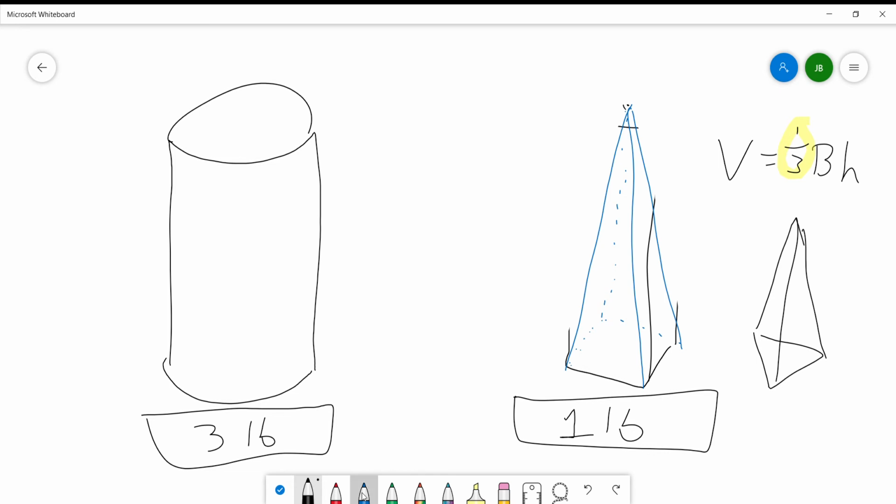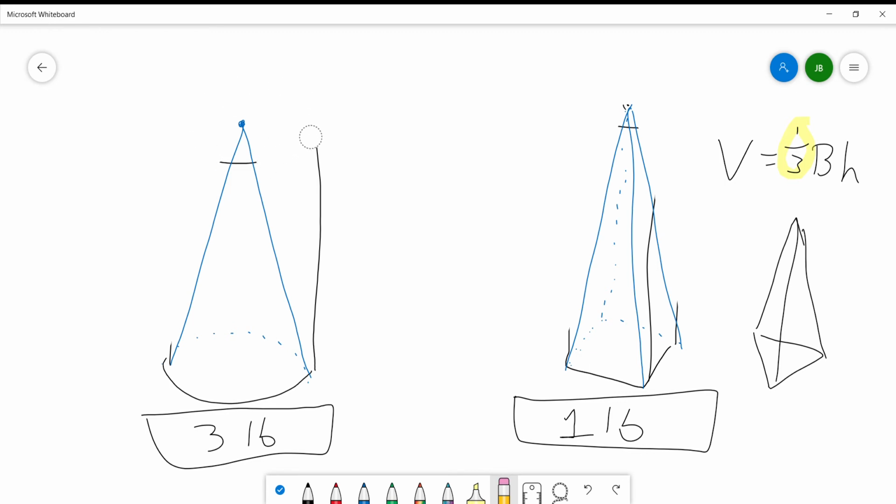Now, hopefully you can guess where I'm going with the cylinder. It works the exact same way. The cylinder, the volume is going to be, if you carve this away, let me try that again. You carve away 2/3 of it, and it's still got a round bottom, but you took away 2/3 of the clay.